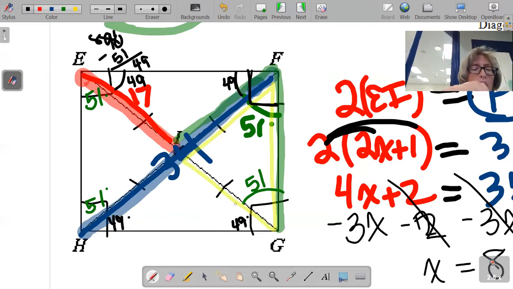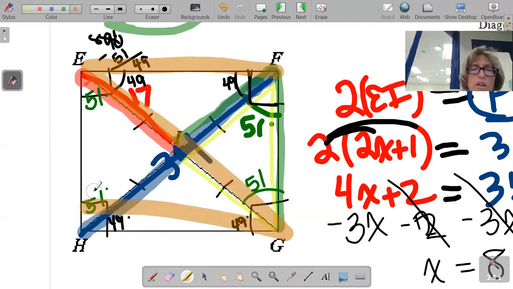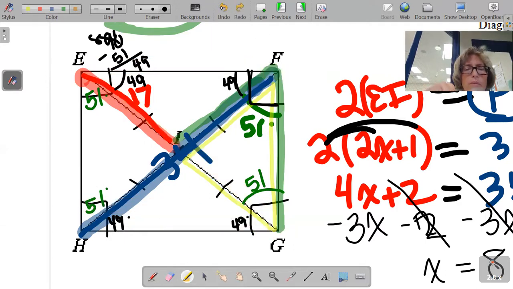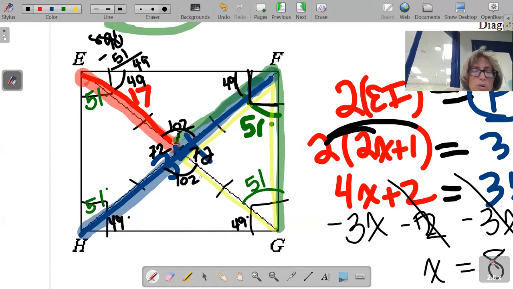Why did I bring it down there? Well, once again, we have armpits of the Z going on there. How do I get these angles in the middle? I can add 51 and 51, take it away from 180. That's going to be 102, which makes this 72, this 72, this 102, and 102.